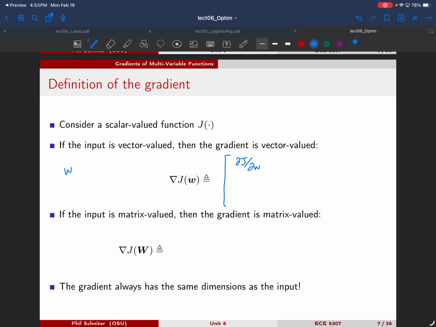For this page, we will assume that we start counting at 1. So we take it with respect to the first, and then the second element is dJ/dw2, and then the last element is dJ/dwd.